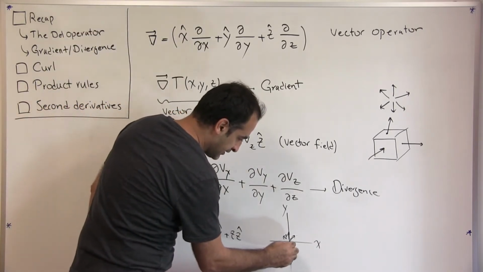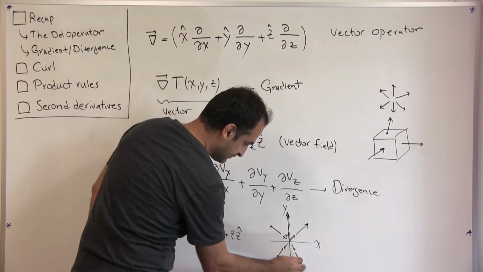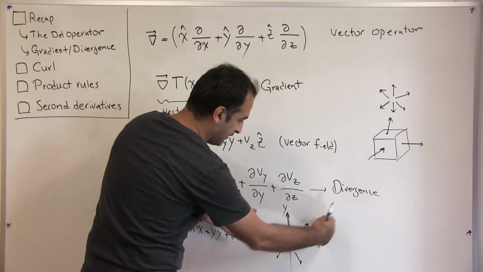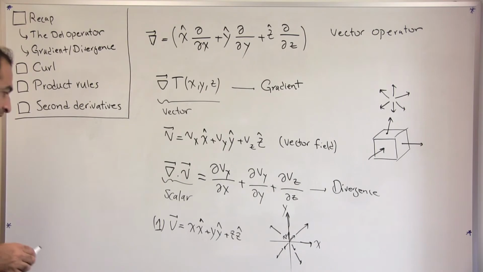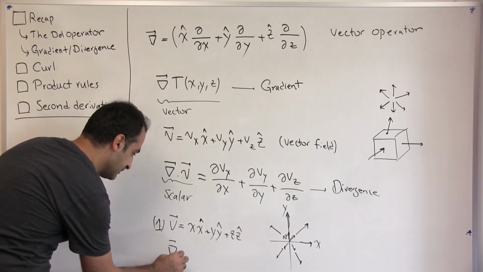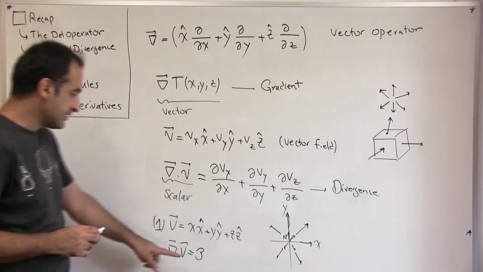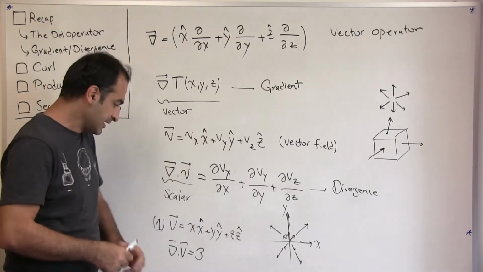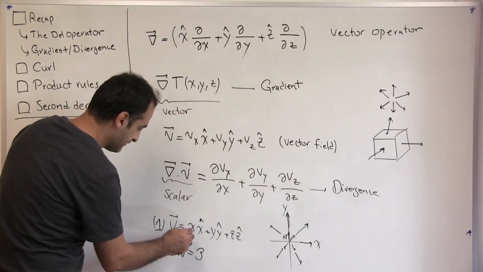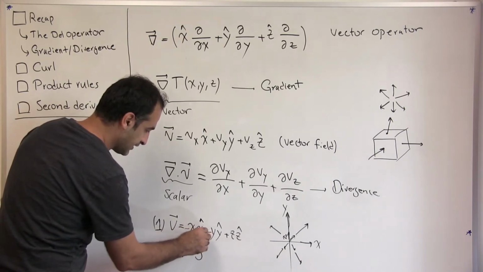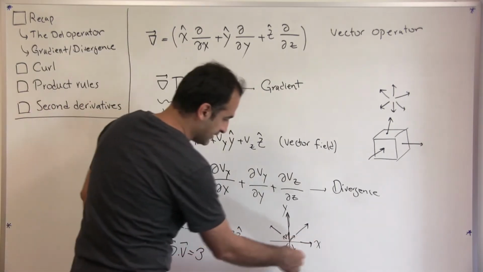And then you're going to get field lines like this. Okay, and if you go away from the origin, you're going to get stronger arrows, stronger field lines, okay? So divergence of this, if we calculate, is a positive number 3. Okay, being positive means they are divergent. Okay, if we had negative instead of positive, so let's say switch to negative x and negative y, negative z. What happens is that the direction of these fields are going to change.